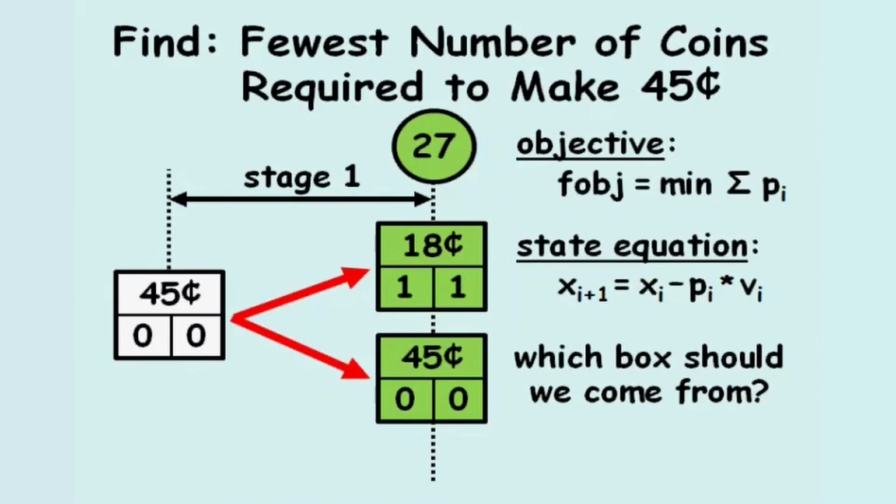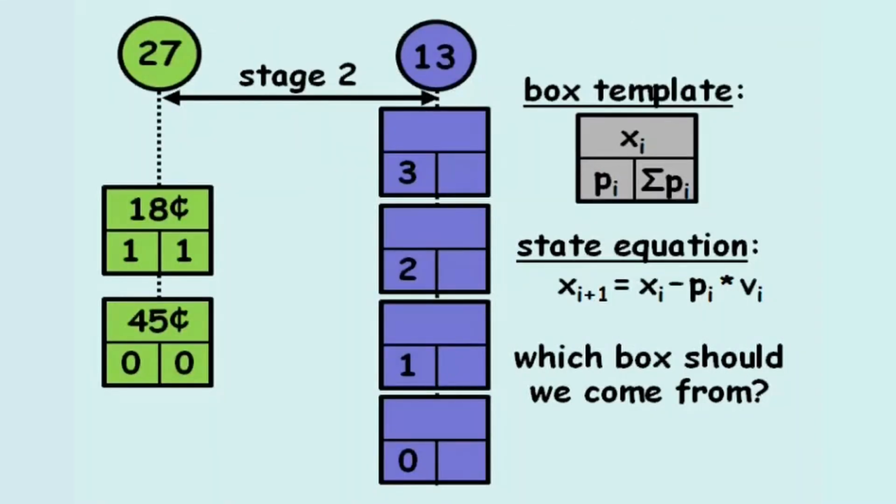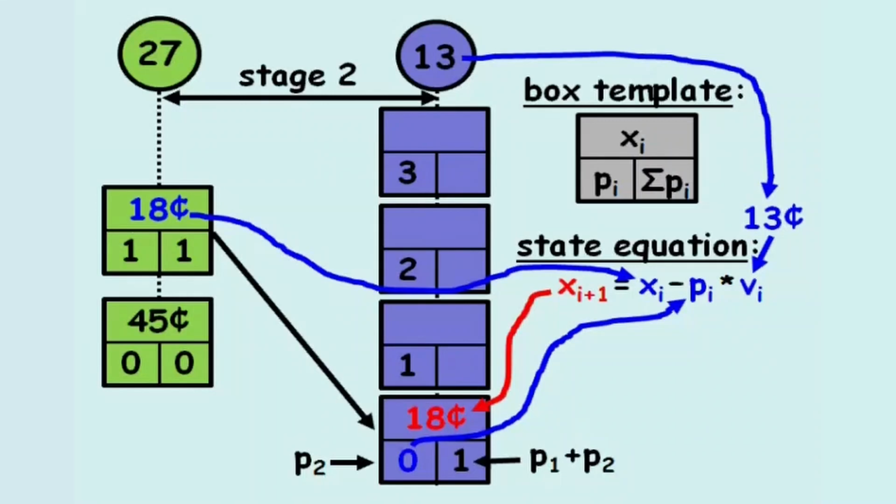Moving on to stage 2, the optimal combination of coins having 0 13-cent coins would have 1 27-cent coin, which makes a total of 1 coin combined, and 18 cents of change that still needs to be made.